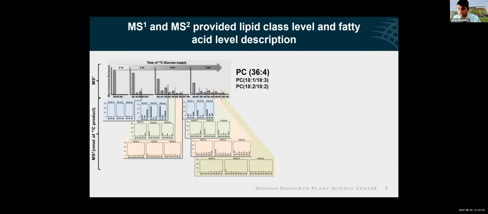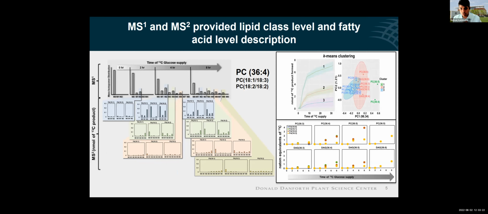Right, we can use mass spectrometric data collected both at MS1 to provide information on label enrichment here at the class level. For example, here I'm showing PC 36:4, and also the MS2 data, where you can get information on the fatty acid labeling within each of the isotopologues or the labeled versions from the MS1, right? Fatty acid isotopologues.